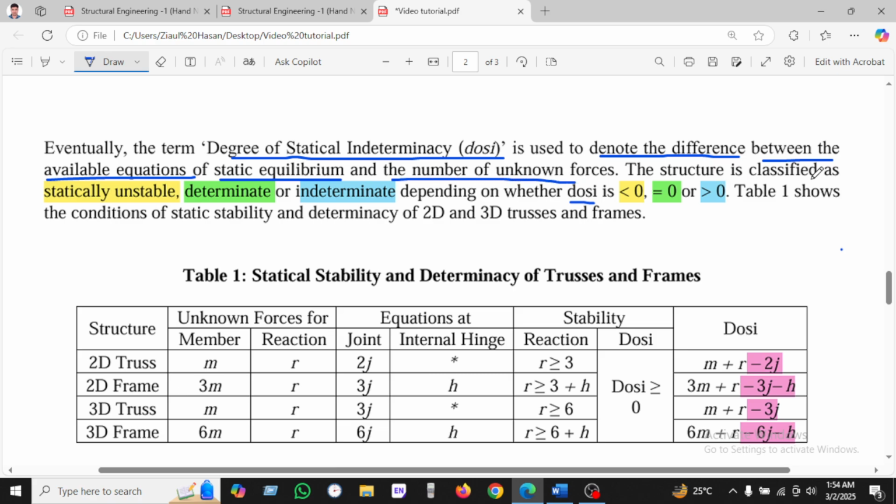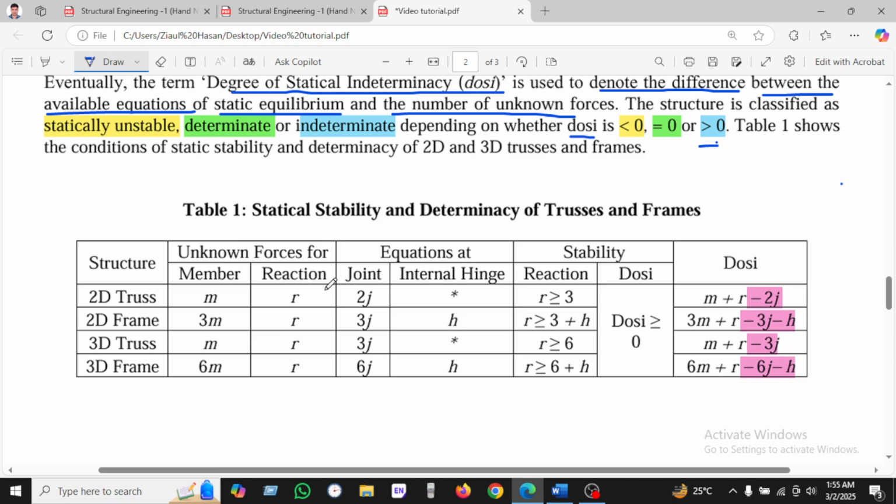The structure is classified as statically unstable when DOSI is less than 0, statically determinate when DOSI is equal to 0, and statically indeterminate when DOSI is greater than 0. And Table 1 is shown here.